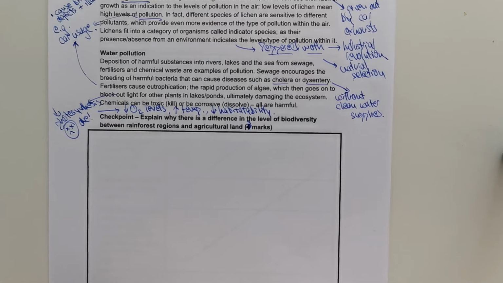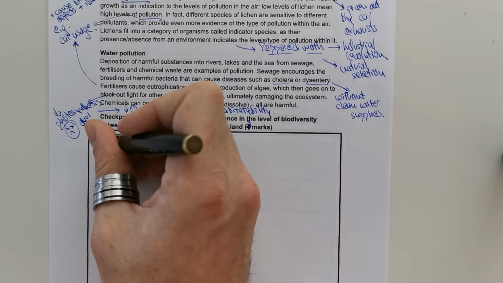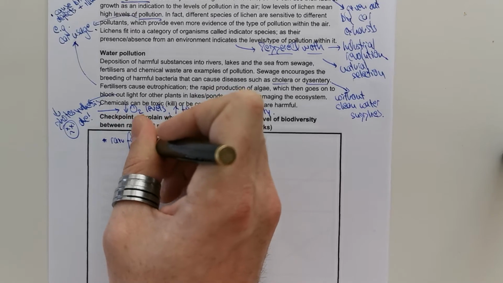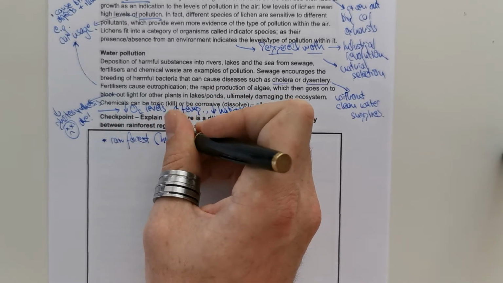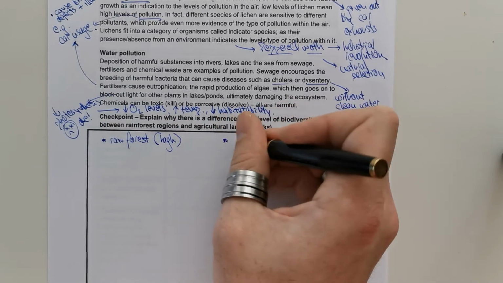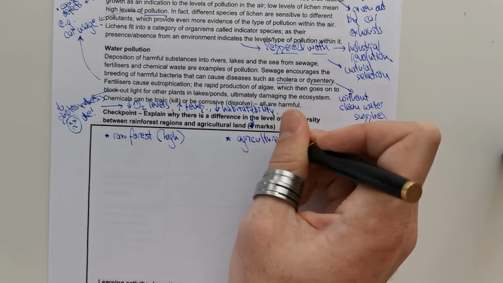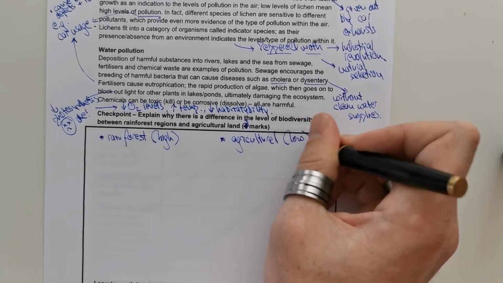Right. Hopefully you've had a go. Let's go through it now. So, first point. If we bear in mind, rainforest has got high biodiversity. Agricultural land has got low biodiversity.